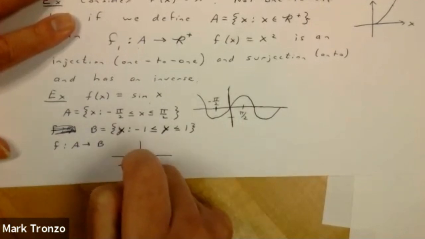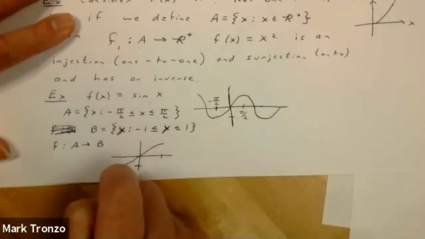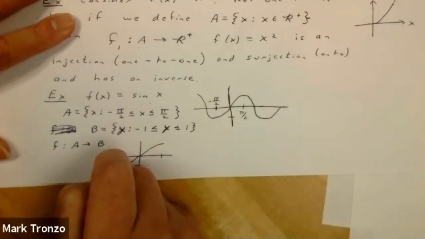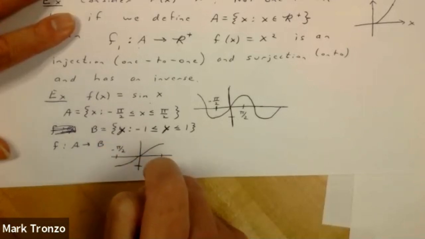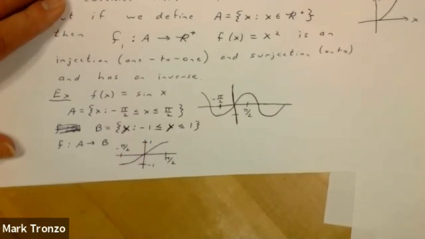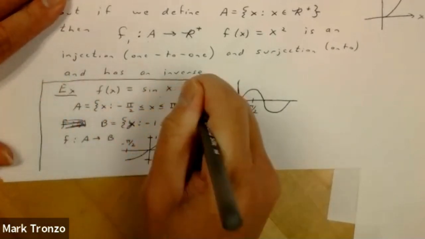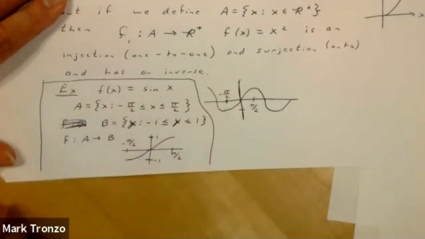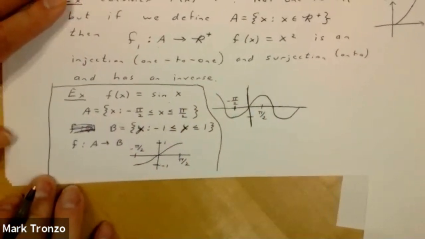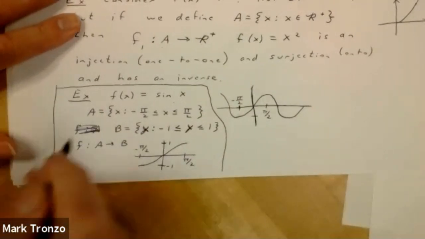From like here, sort of something like that, huh? That's kind of what our new function is going to look like. And then this has an inverse.